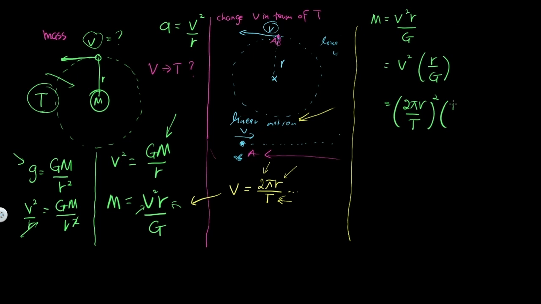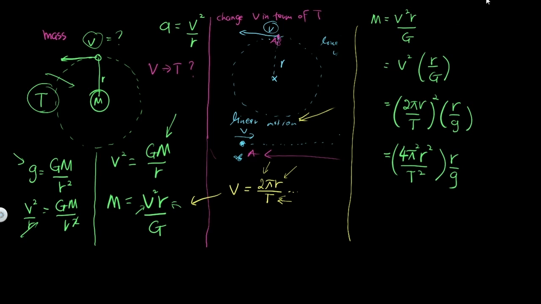Square all of the variables and constants that we have here: 2 squared equals 4 pi squared R squared divided by T squared, times R over G. Now we have all of the terms for pi, R, G and T.